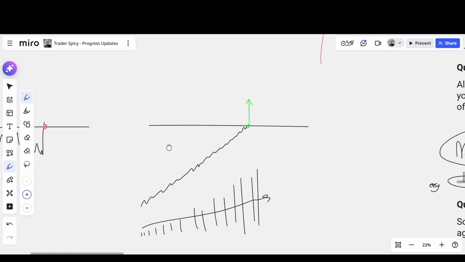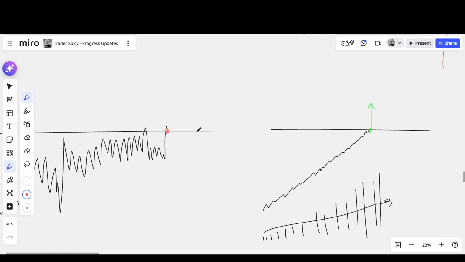The way you would do that is exactly how you would take the momentum trade, but where you would put your target for momentum, that is now your stop loss. Where you would put your stop loss for momentum, this is now your target.